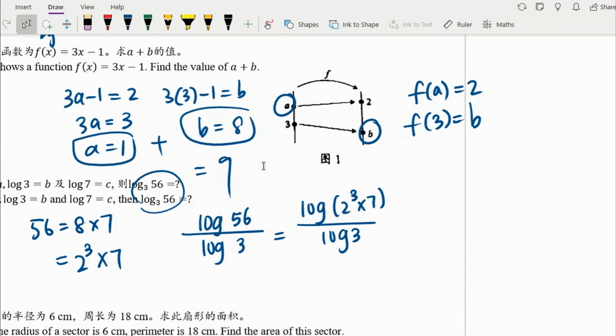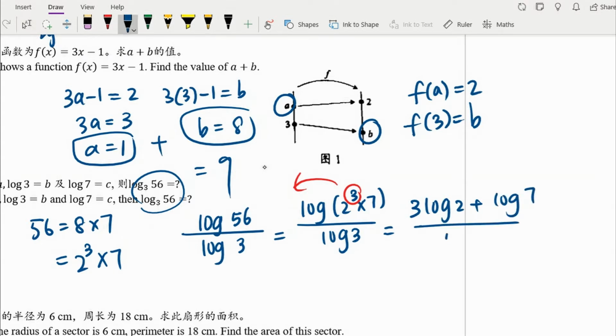And you know with the log rule, this one is actually addition, and you can move this power to the front. So I will directly write this: 3 log 2 plus log 7 over log 3.